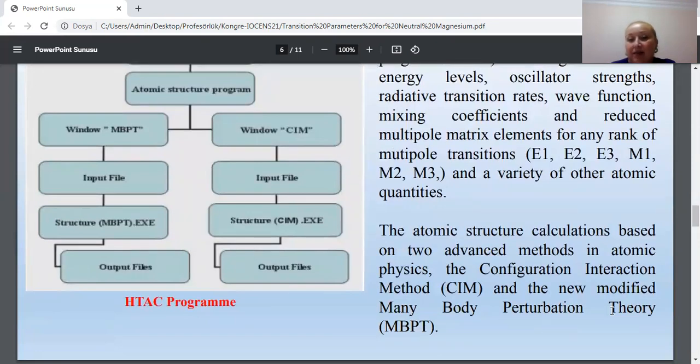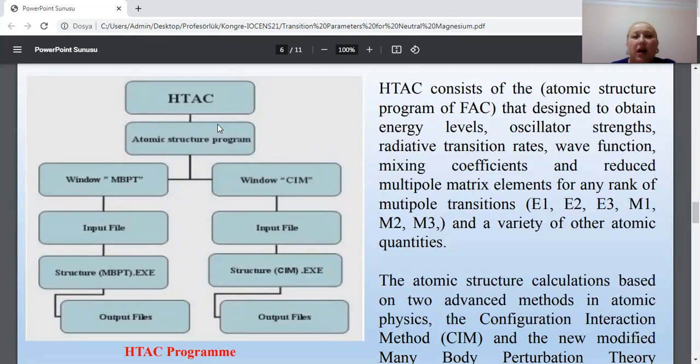Sometimes we can use many-body perturbation theory and sometimes the configuration interaction method, and then we can compare the results. So this program is suitable to find the results of these different methods.